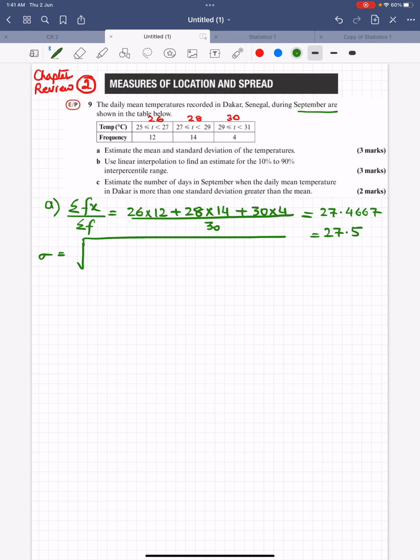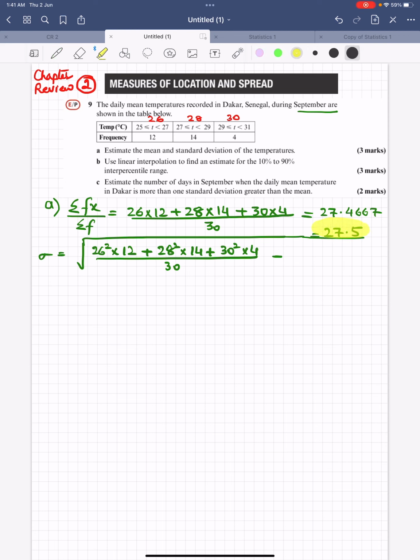So let us find the mean of the squares, which is 26 squared times 12 plus 28 squared times 14 plus 30 squared times 4, divided by 30. We have already found the mean here, which is 27.5.